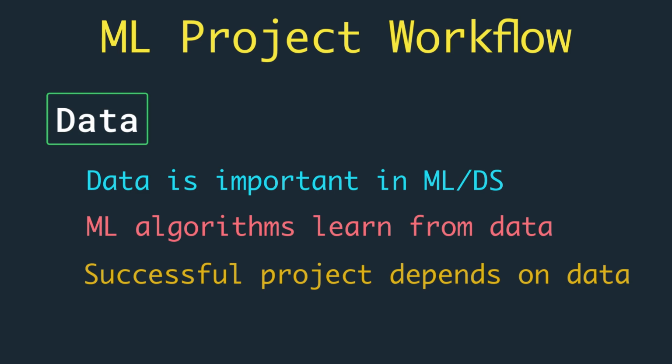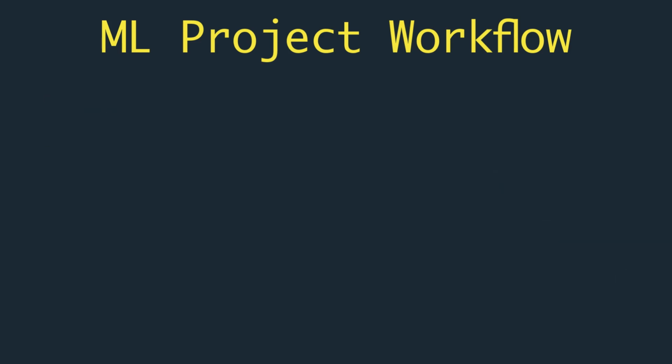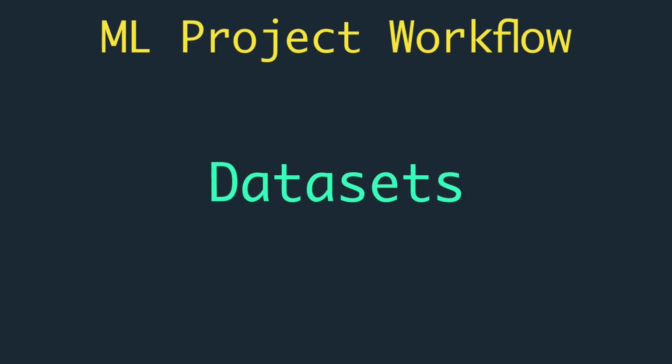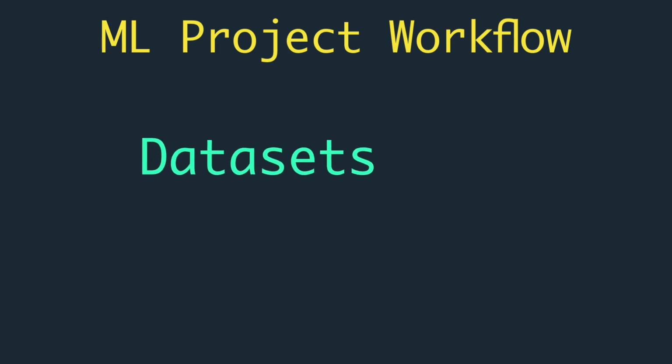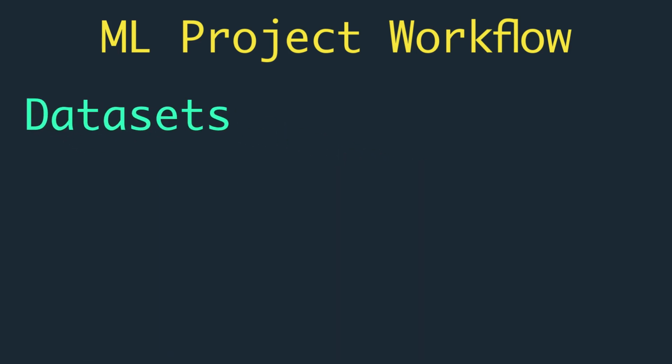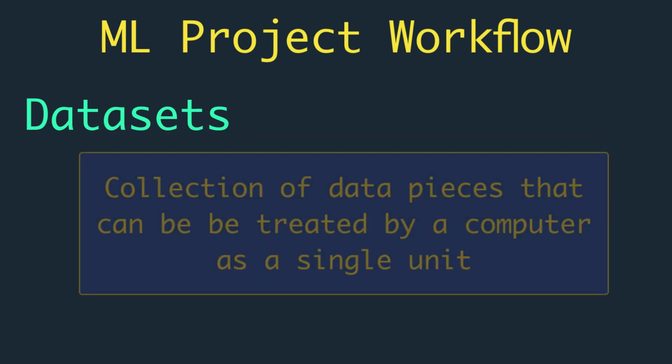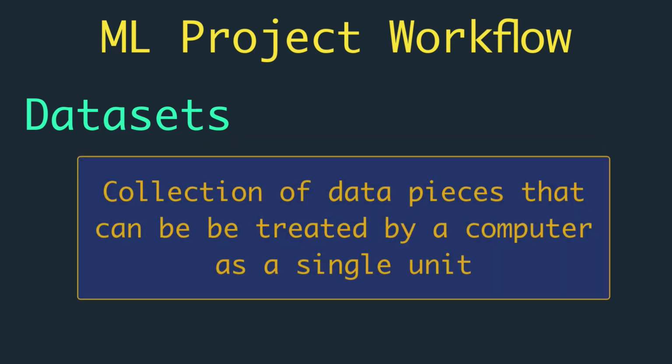Before diving deeper into this part of the system, we should understand what we usually call this thing in the context of machine learning and data science. Here the concept of datasets comes into place. A dataset in machine learning is quite simply a collection of data pieces that can be treated by a computer as a single unit for analytic and prediction purposes.